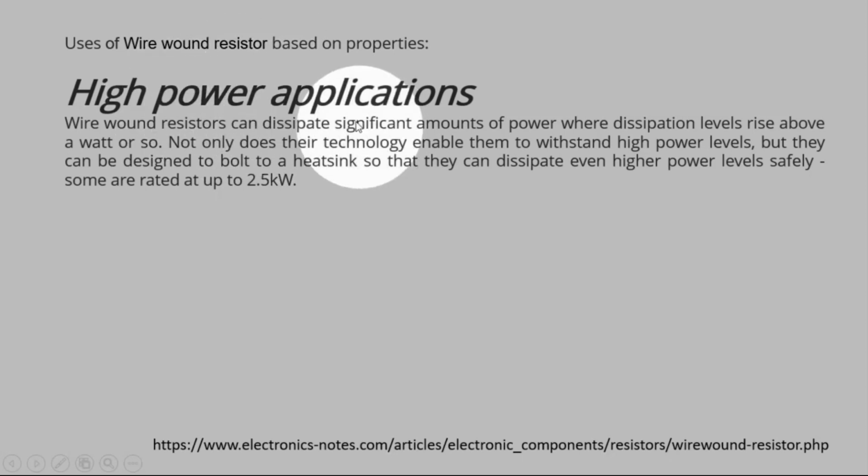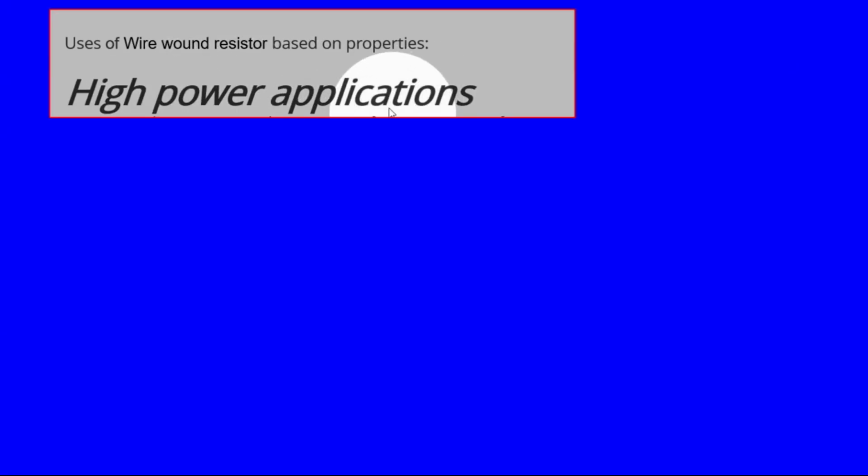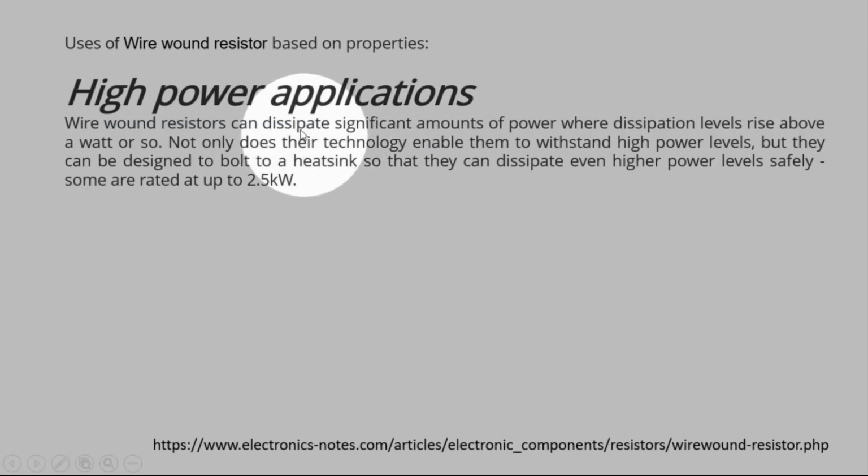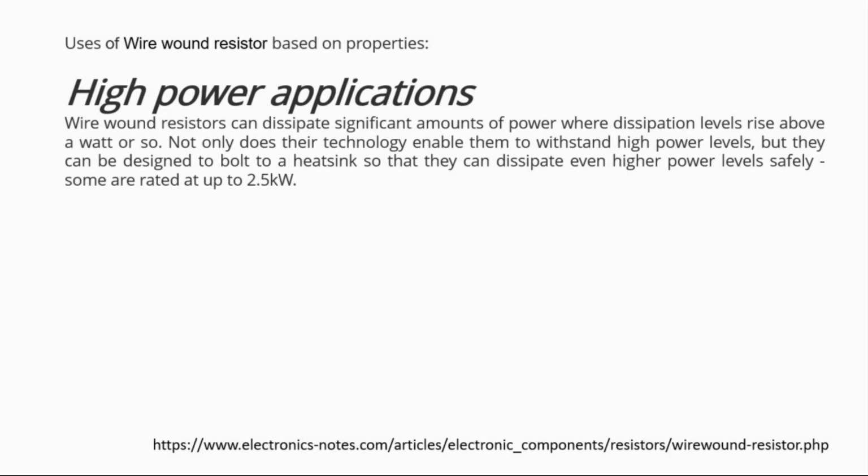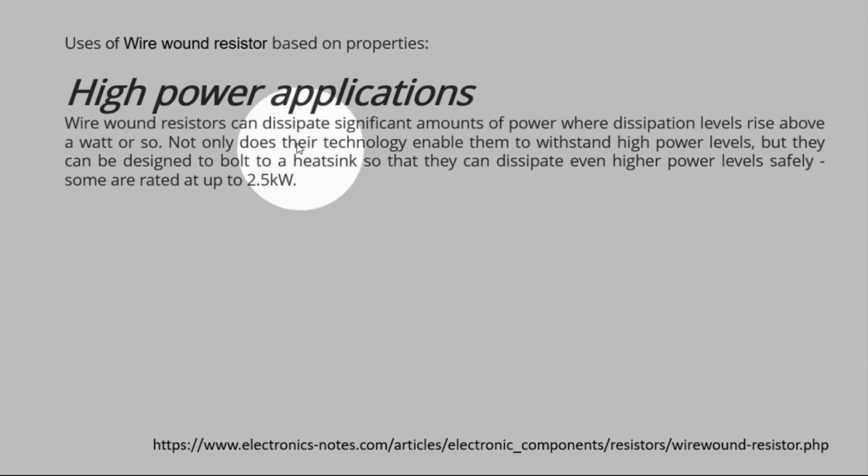One of them is for high power applications, because Wirewound resistors can dissipate a significant amount of power, where dissipation levels rise above a watt or so, and you can have it bolted to a heatsink. Some of these Wirewound resistors are also rated up to 2.5 kilowatts. So these are some of the properties of the Wirewound resistor.